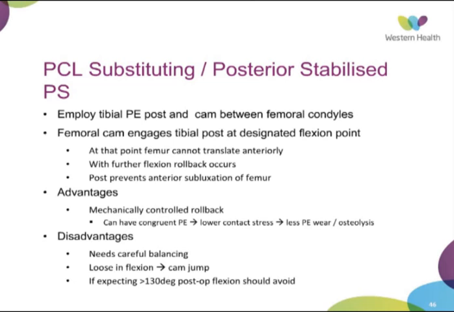So that's a mechanical design of the prosthesis to prevent that anterior dislocation of the femur on the tibia, as opposed to the cruciate retaining prosthesis, which uses the PCL to achieve that. And because of this cam engaging the tibial post, this then can mechanically create rollback by pushing the femoral component more posteriorly on the tibia as it flexes more.